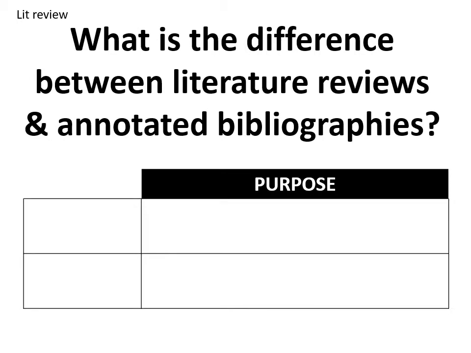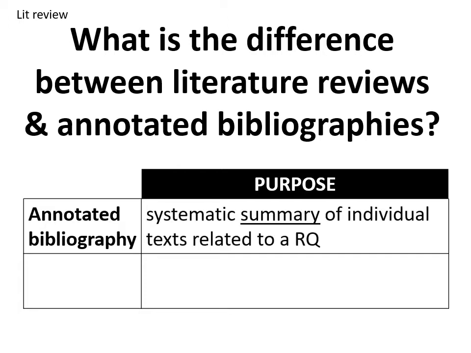So if we think about the purpose of an annotated bibliography, it is to provide a systematic summary of individual texts that are related to your research question. You identified 8 empirically focused peer-reviewed journal articles, and you've summarized each of those in a systematic fashion.